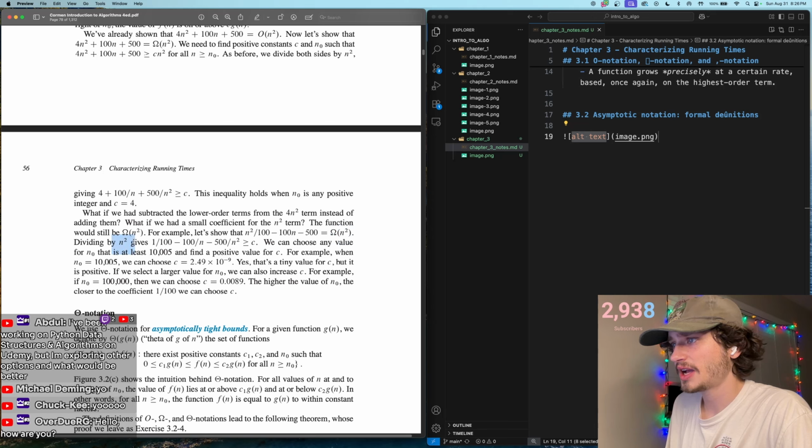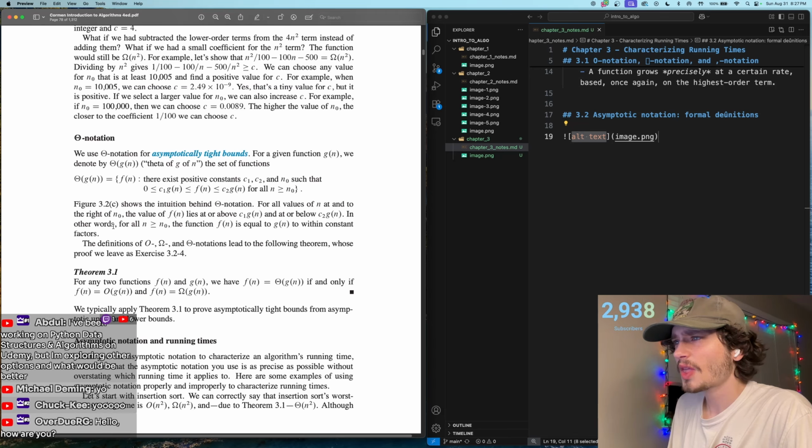If we divide both sides by n squared, it gives us this reduction. We can choose any value for n naught that is at least this 10,005 and find a positive value for c. For example, when n naught is equal to this, we can choose a constant that is this. It's really small, but it's positive. Yes, it's a tiny value for c, but it is positive. If we select a larger value for n naught, we can also increase c.